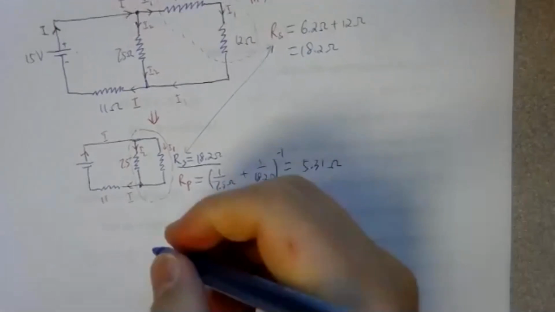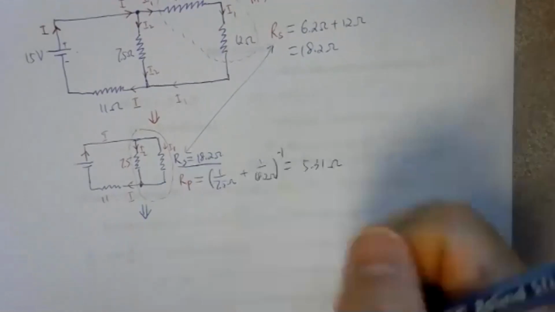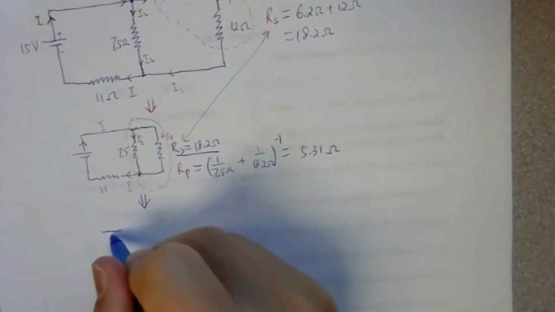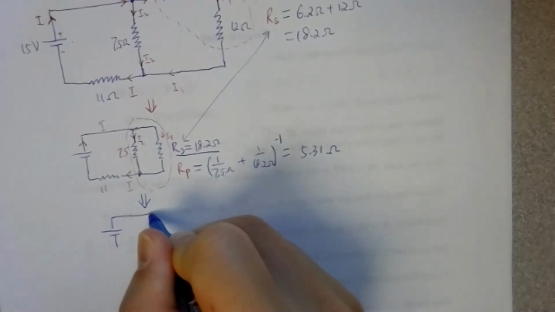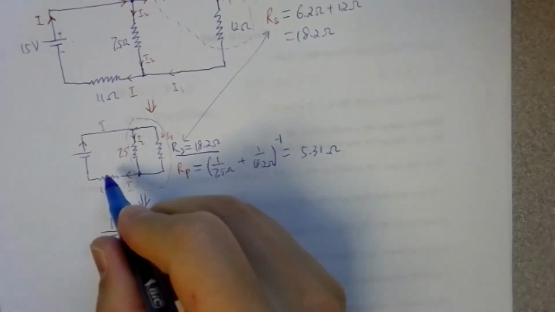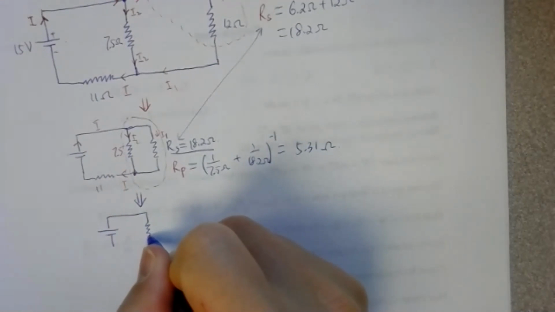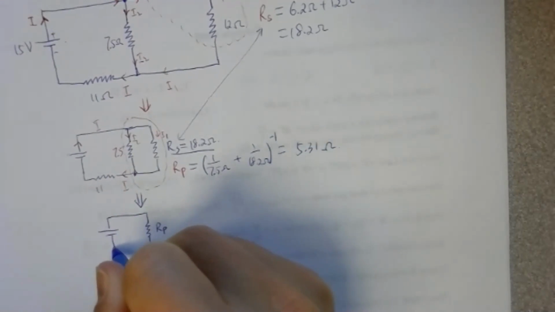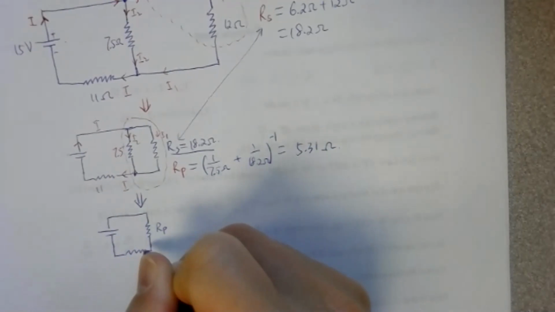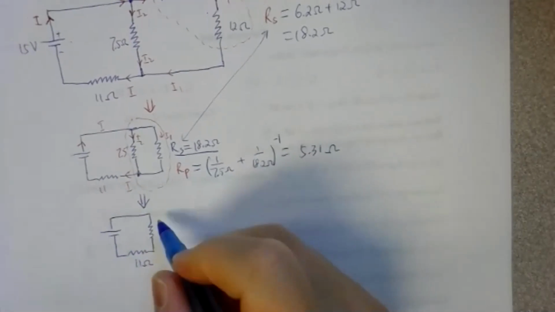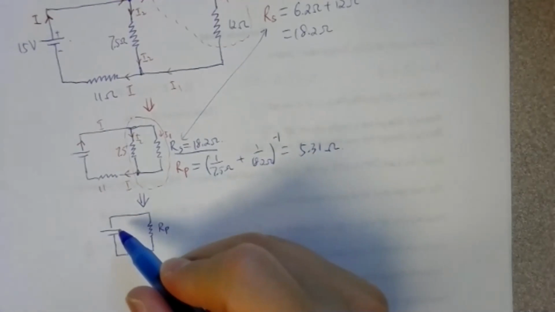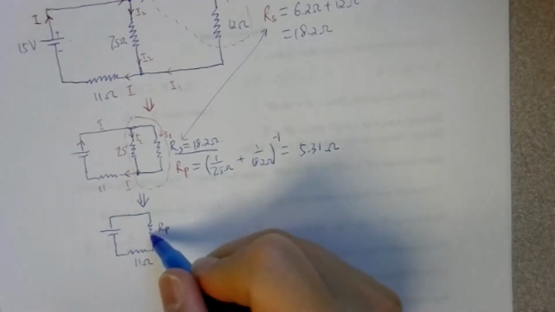So now your circuit further simplifies as just a battery connected to this RP, and then with the 11 ohm. Now you can see this is a simple one. These two are just in series with each other.